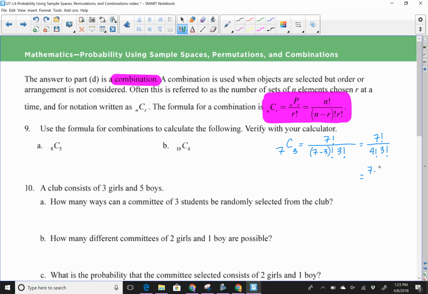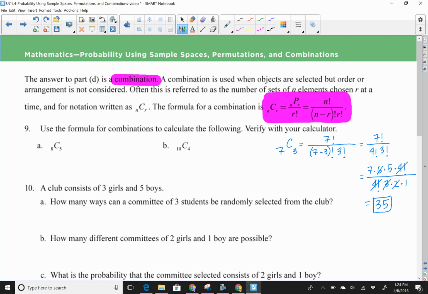So I'm going to do 7 times 6 times 5 times 4 factorial on top. And I have a 4 factorial on the bottom, but then I have 3 times 2 times 1 on the bottom. 4 factorial goes away. And then 3 times 2 is 6. So what does this equal? It equals 35.